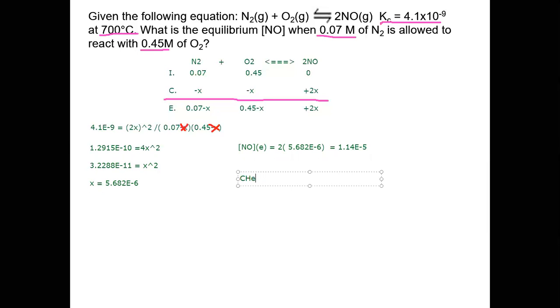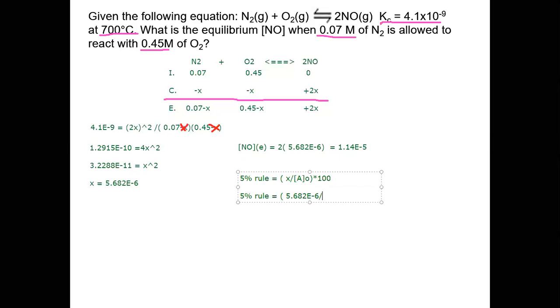before we check K, we'll do the 5% rule. It equals X divided by the initial concentration times 100. So for the 5% rule, X is 5.682 e to the negative 6.